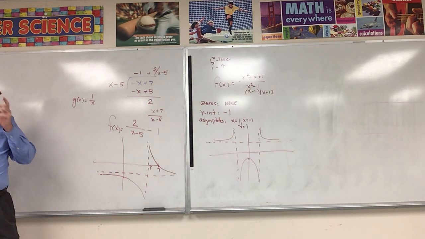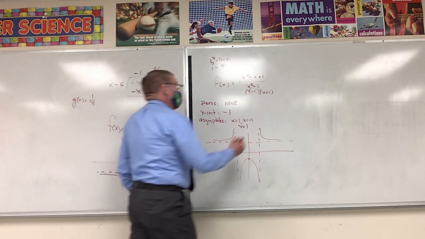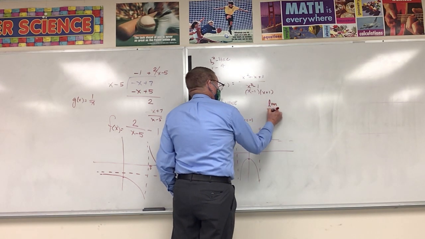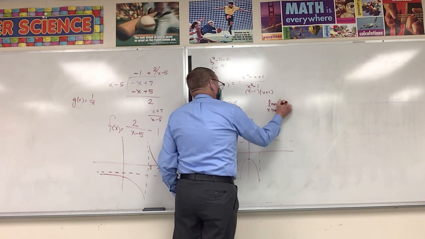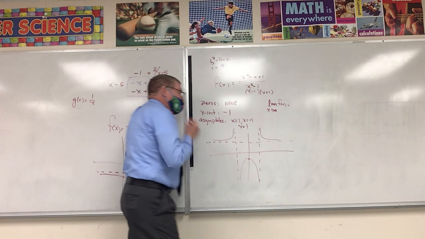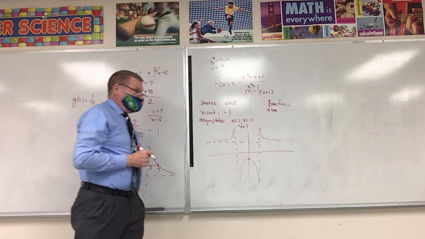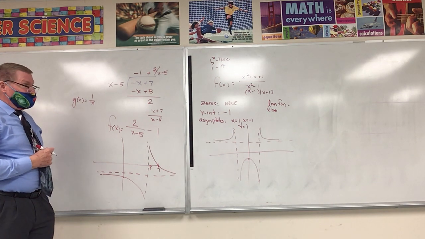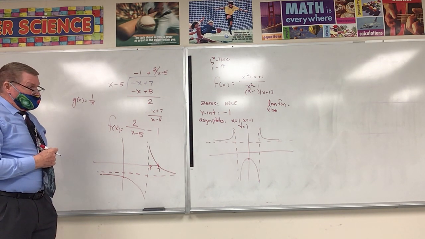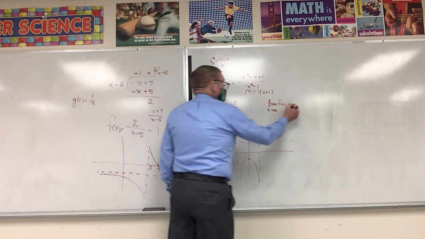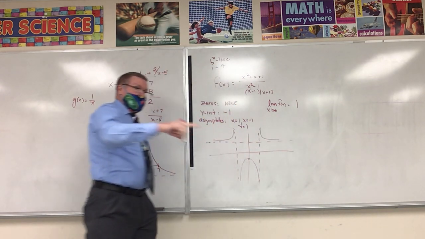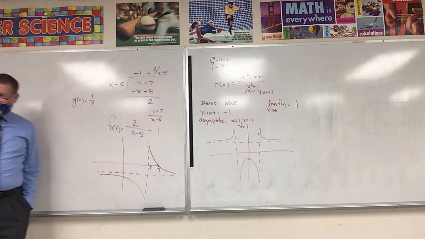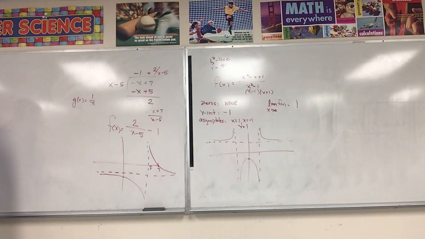Makes sense. Alright, so the limit as x approaches infinity of f of x equals 1. Remember, my end behavior limits are always going to my horizontal asymptote.